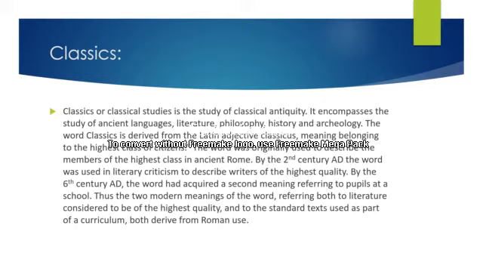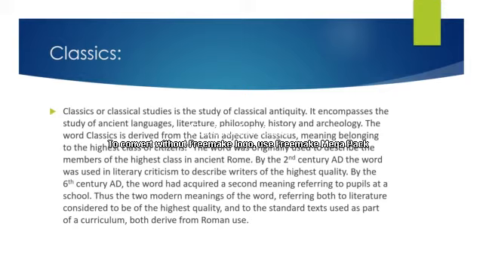Thus, the two modern meanings of the word refer both to literature considered to be of the highest quality and to the standard text used as part of a curriculum. Both meanings are derived from Roman use.